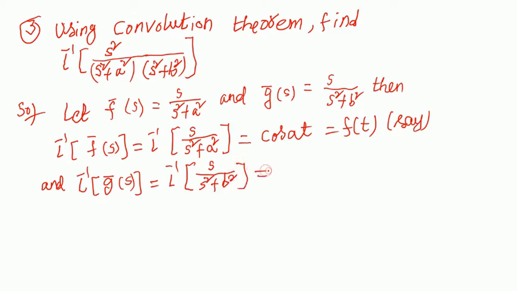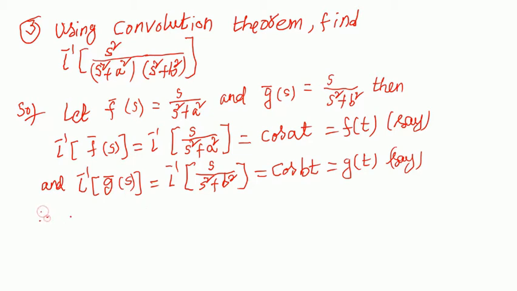So what is s by s square plus b square? S by s square plus b square is cos bt. So take this one as g of t, say. Right, now we have to apply the convolution theorem.